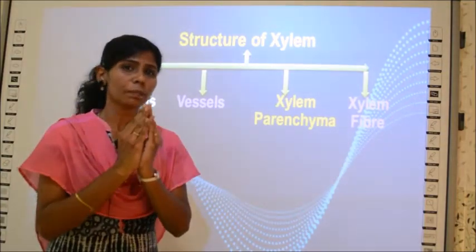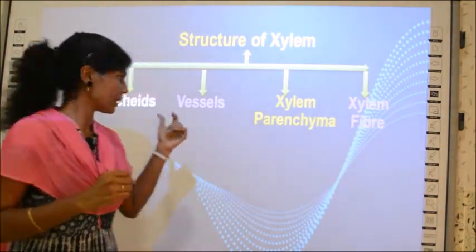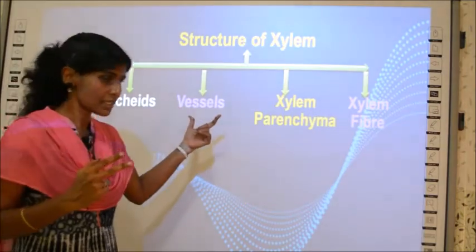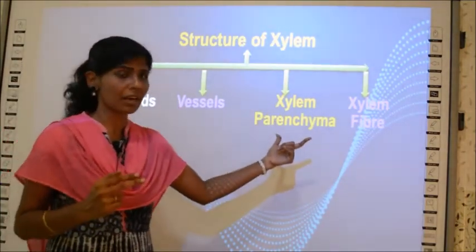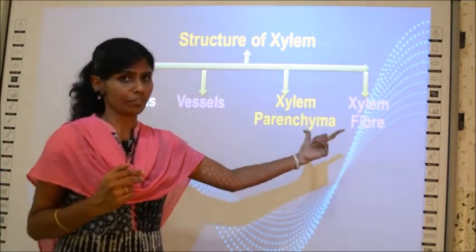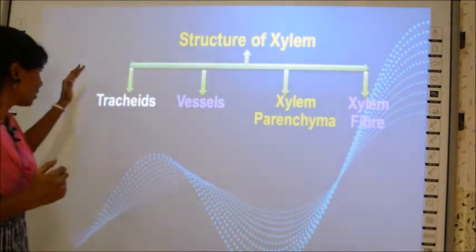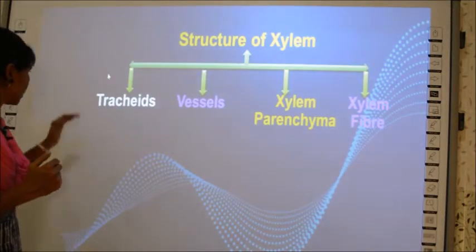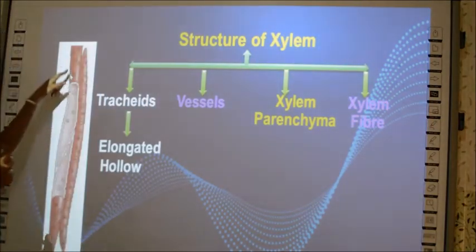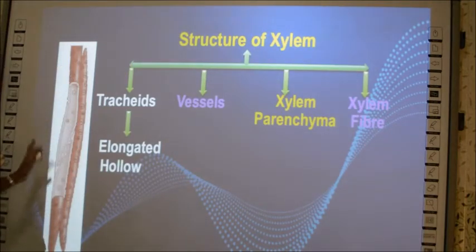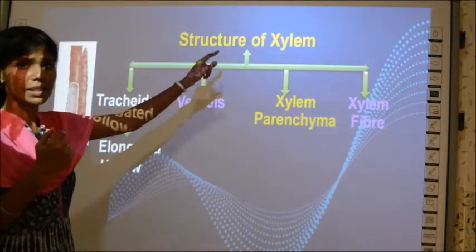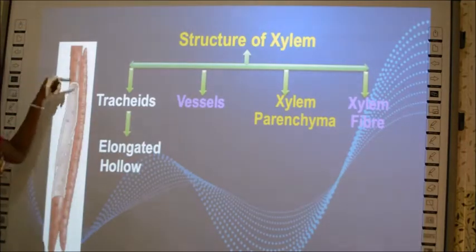So what are the 4 parts of xylem? Tracheids, vessels, xylem parenchyma and xylem fiber. The tracheids look like this. This is not the structure of the entire xylem, it is the structure of tracheids. Okay.